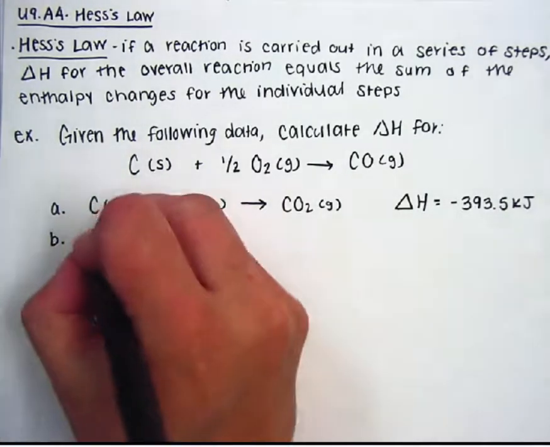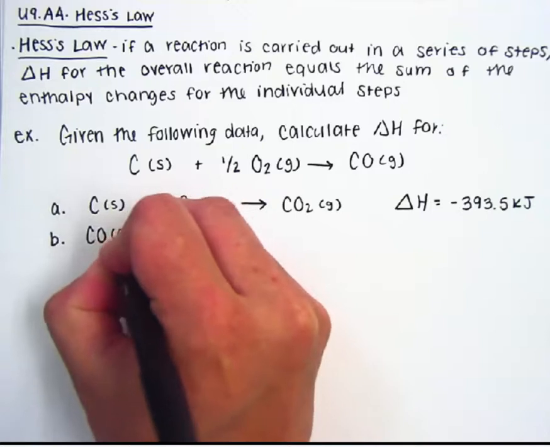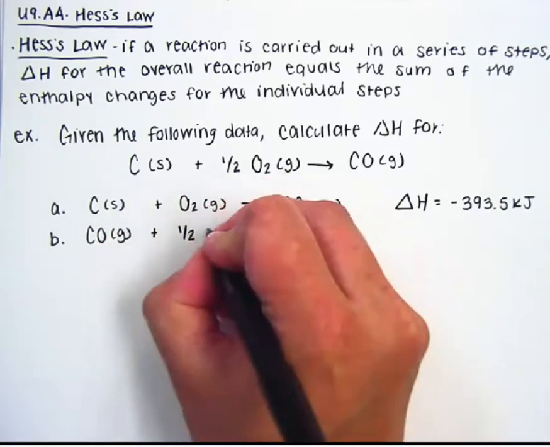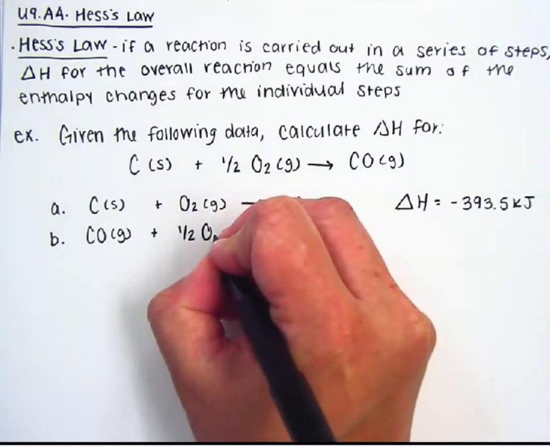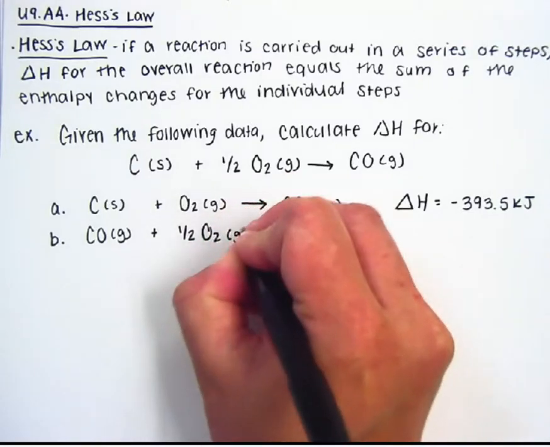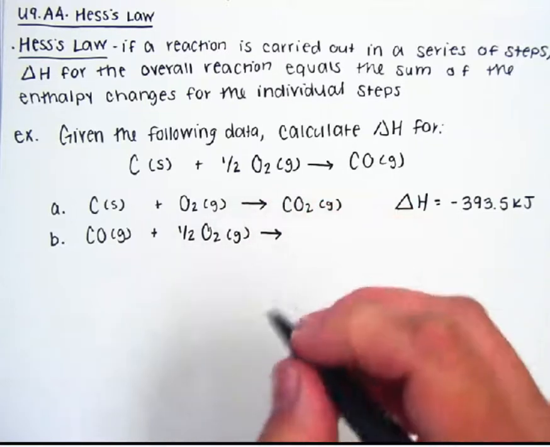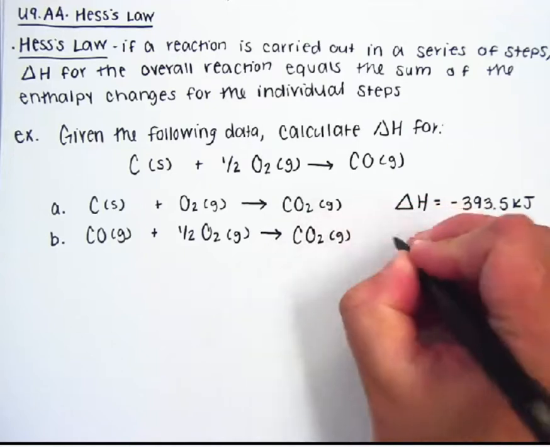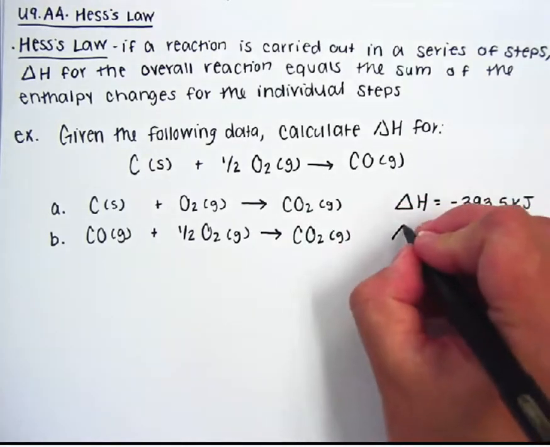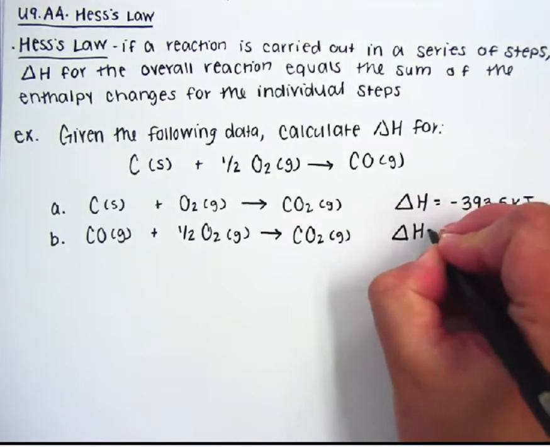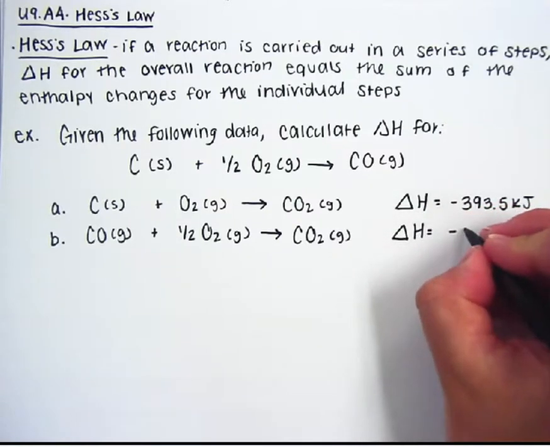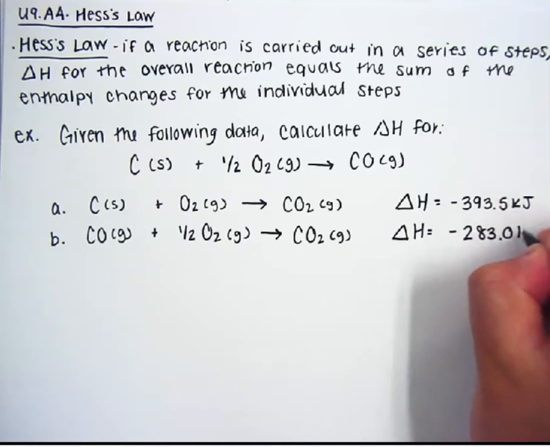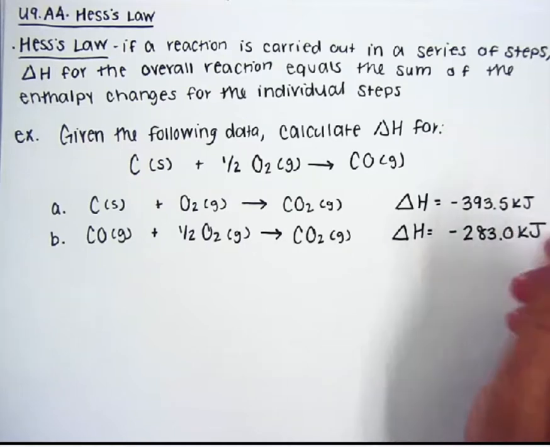And reaction B: carbon monoxide gas plus 1/2 oxygen produces carbon dioxide. This reaction has an enthalpy change of negative 283.0 kilojoules.